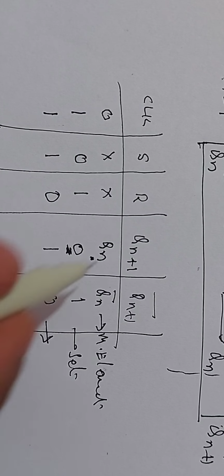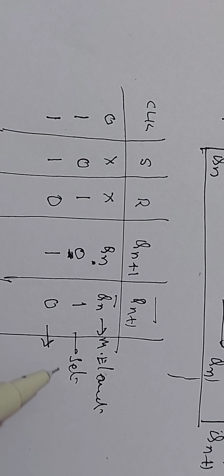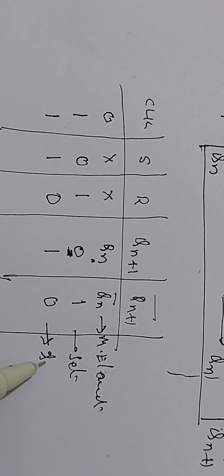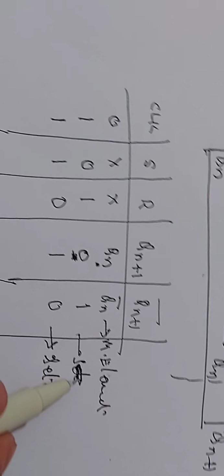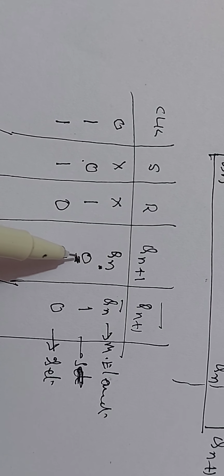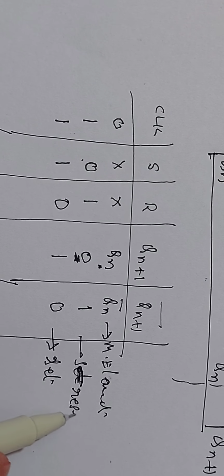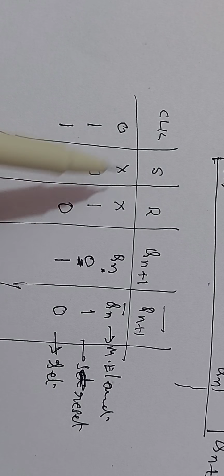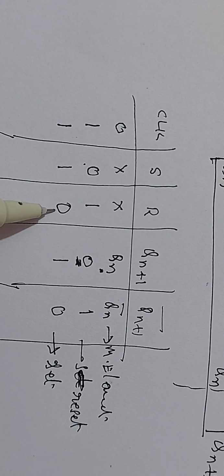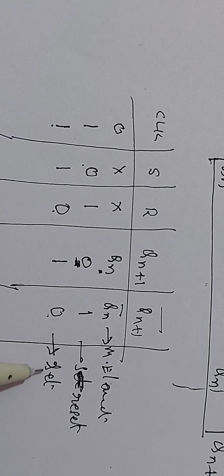Since the output Qn plus 1 is 1, we call it set. So when S is 0 and R is 1, output Qn plus 1 is 0, we call it reset. When S is 1 and R is 0 with the clock pulse, output Qn plus 1 is 1, we call it set.